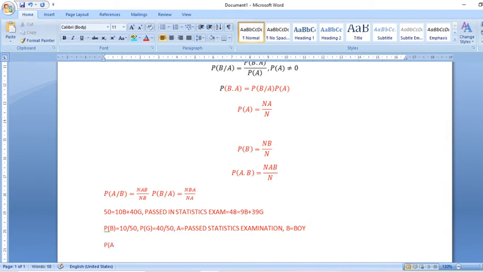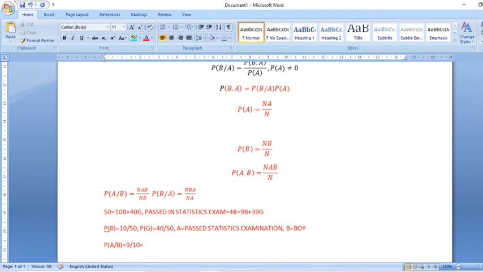Probability of A given B will be the number of boys who passed the statistics examination, that is 9, out of the total number of boys, that is 10.